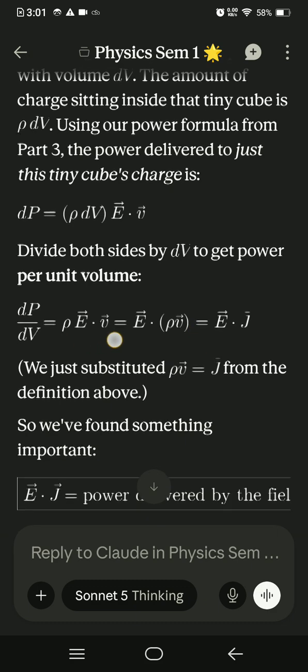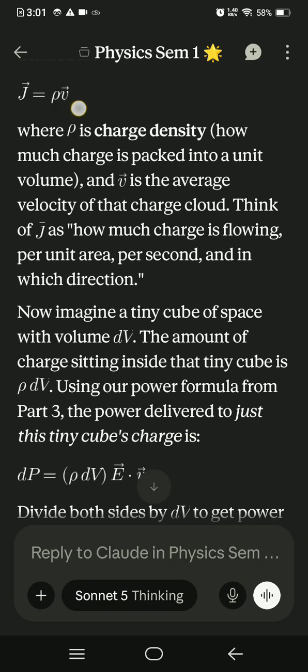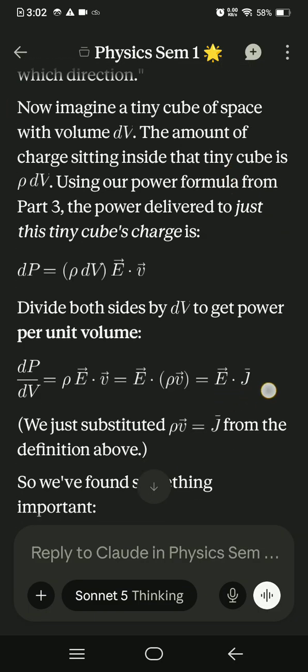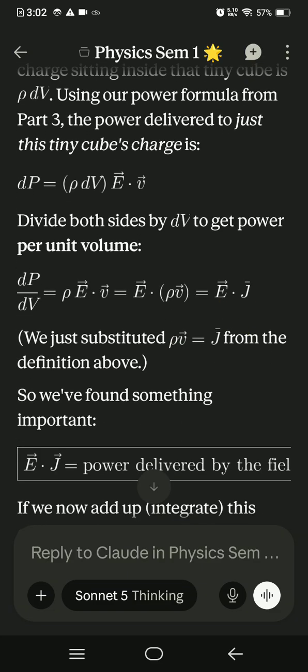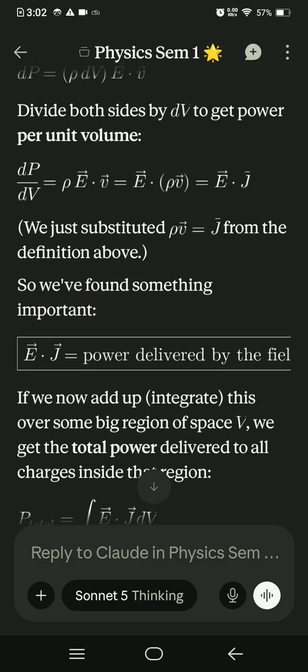Now rho E dot V becomes E dot rho V, and rho V was J, so E dot J. We can do this because the dot product is just the product of the magnitudes of those vectors times cos theta, so this does not change the result. So we just substituted rho V equals J from the definition above, and we have found something important: E dot J equals the power delivered by the field per unit volume to charges present in that volume.